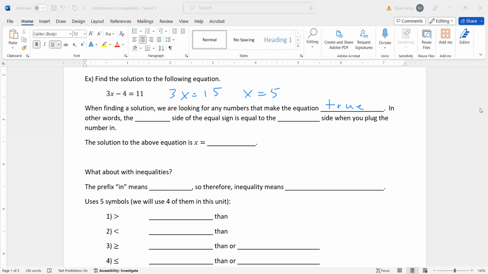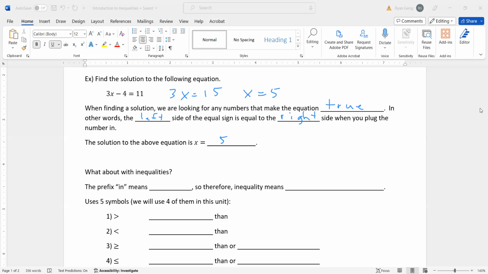In other words, the left side of the equal sign is equal to the right side when you plug a number in. And in most cases with equations, there's only one number that does that. So the solution to this above equation is x equals 5. It's the number that makes the left side equal to the right side, right?